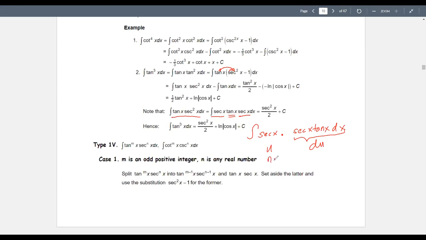Your n here is equal to 1, because this is understood to be raised to 1. So that's the reason why you simply applied the power rule to the secant of x here, using tangent of x secant x dx as its derivative. So it's now secant squared of x over 2. Do you get it?